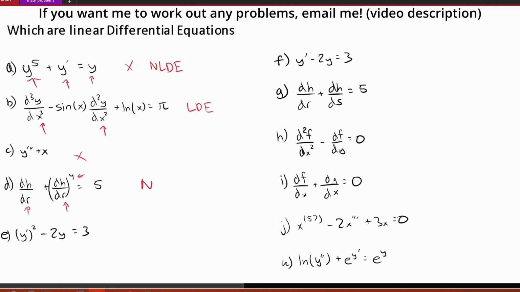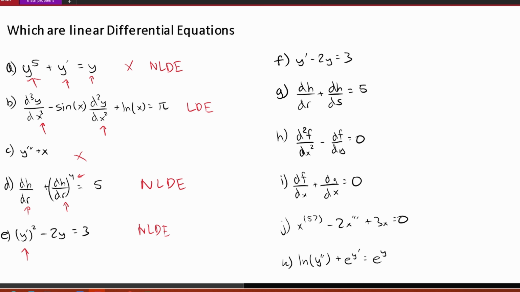Remember, our dependent variable has to be by itself, so it's going to be a nonlinear differential equation. This next one, it breaks right here because we have a y prime, which by itself is fine. However, it is inside of something, and it can't be inside of something, so this is a nonlinear differential equation.